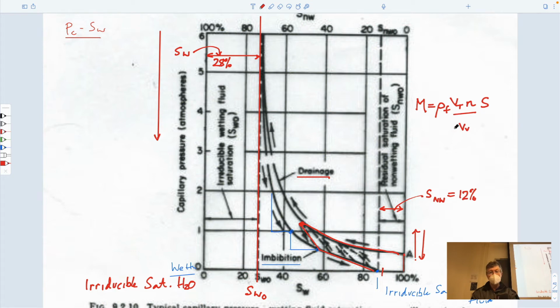In other words, the pore space would be the product of these two. The void space is filled by a 12% saturation, so the amount of fluid within the pore space is equal to 12% of that total pore space. You'd use a decimal rather than 12%. And then if you multiply by the density of the fluid, if it's gasoline or air or water, that gives you the mass of that fluid.